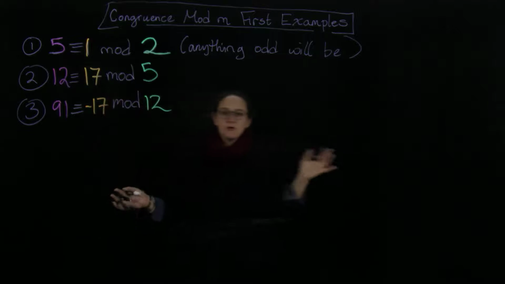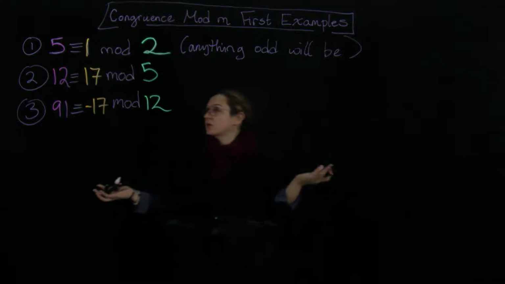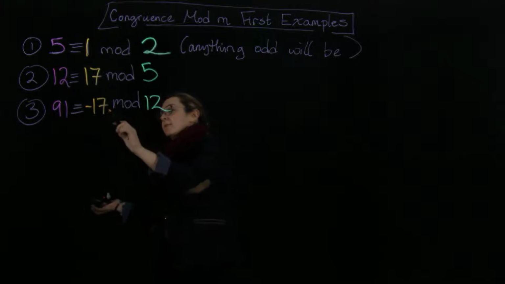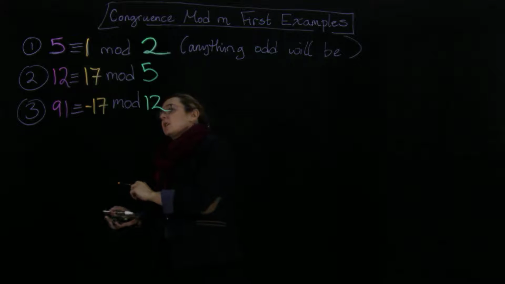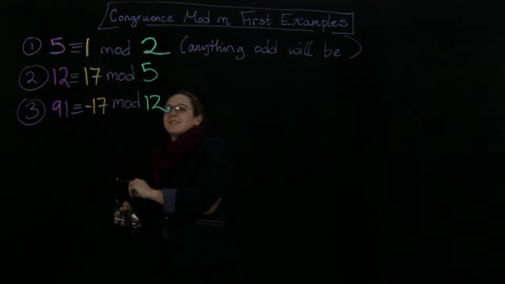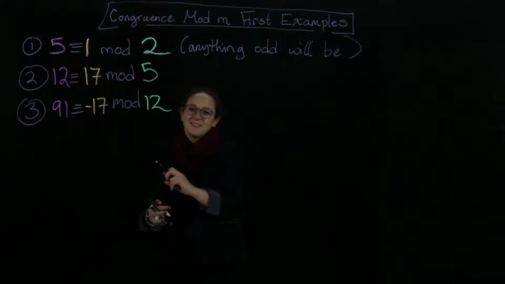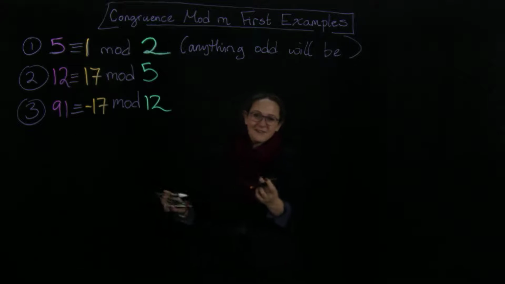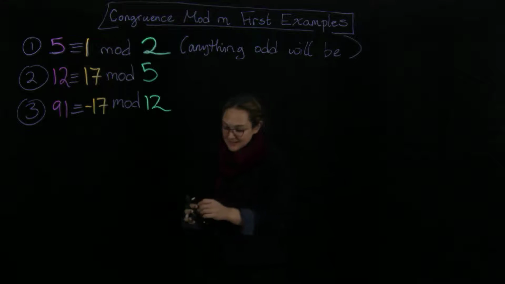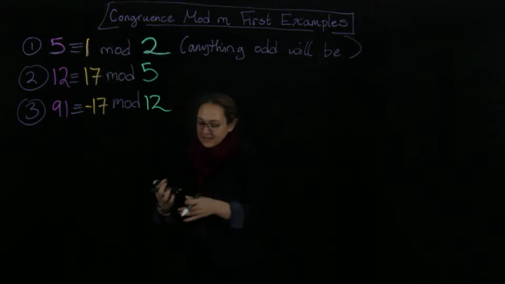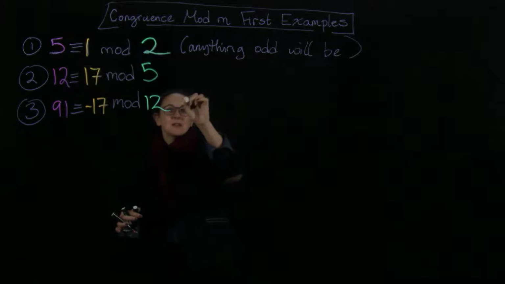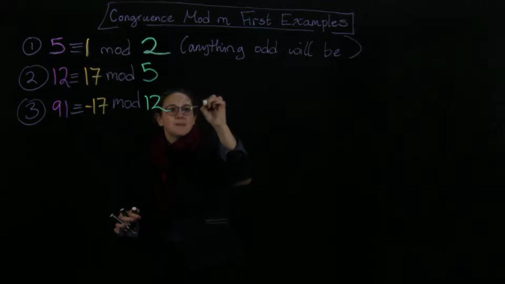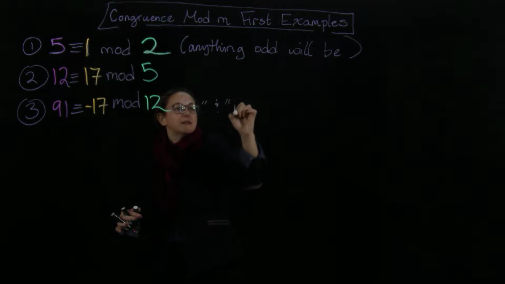Okay, so negative, right? And that totally works because the difference between these is 108, which is divisible by 12, and that's all we need, right? So it's okay, negative and positive numbers can be congruent.